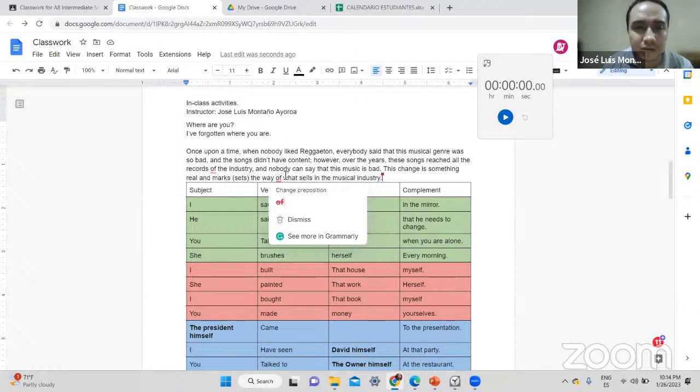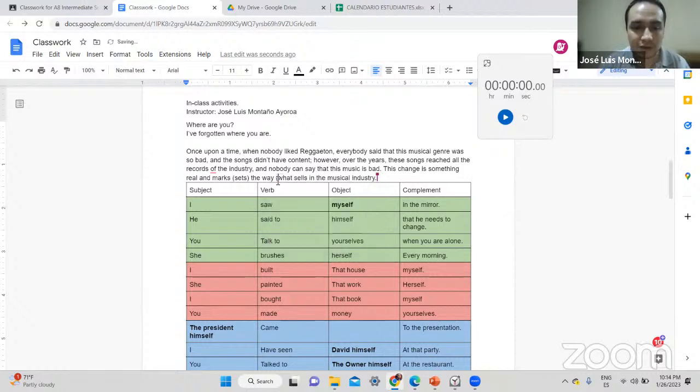Okay, so here my recommendation would be, instead of that one, they want to take that away, but I would say for in that situation. Okay, the way for what sells in the musical industry and what doesn't. Okay, to clarify that, that's going to be very remarkable and to put emphasis on that idea.